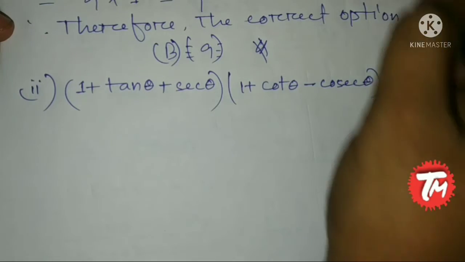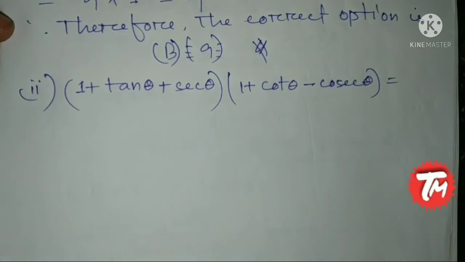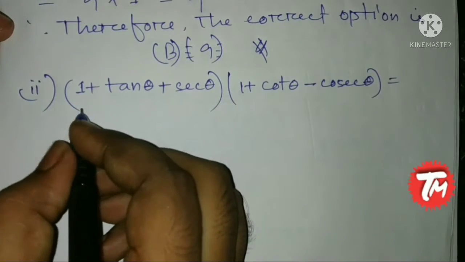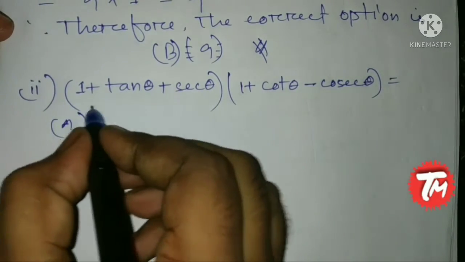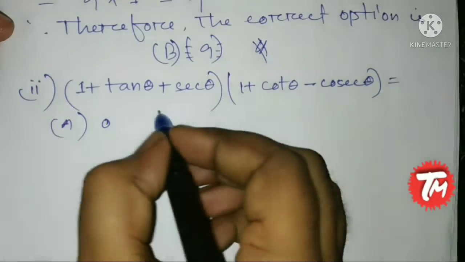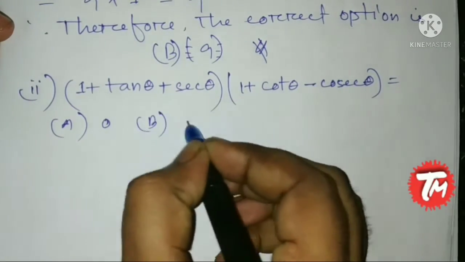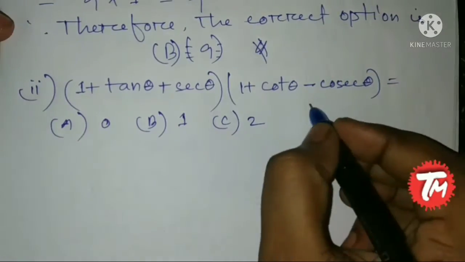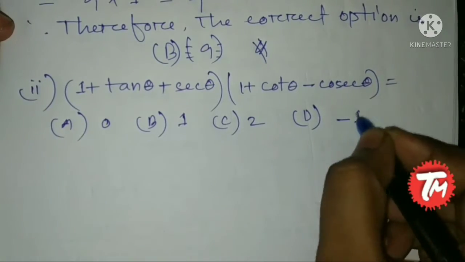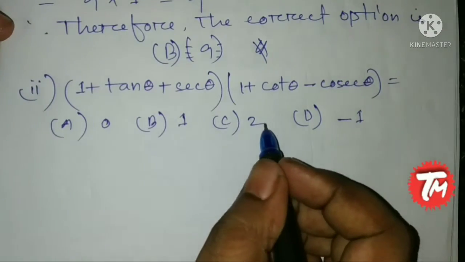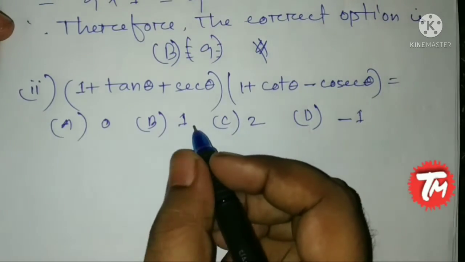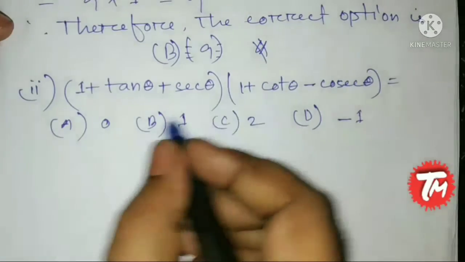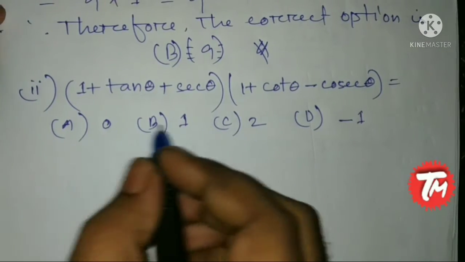So here some options are given. Option A is 0, B is 1, C is 2, and D is minus 1. So which one is the correct option, that we have to find out after solving this problem. Okay, so now we are going to solve these problems.